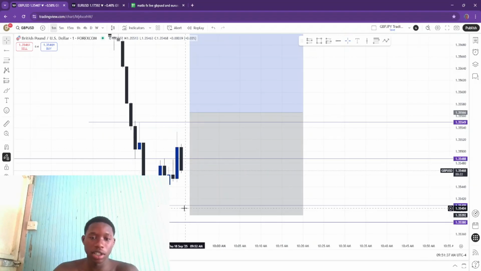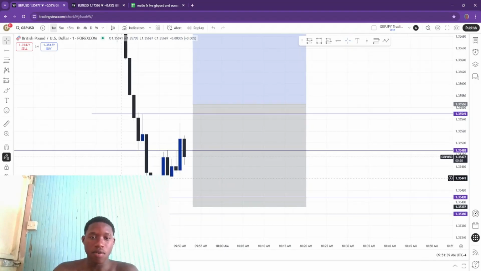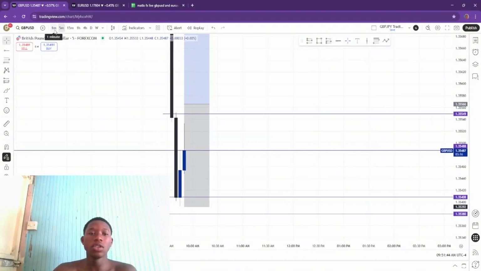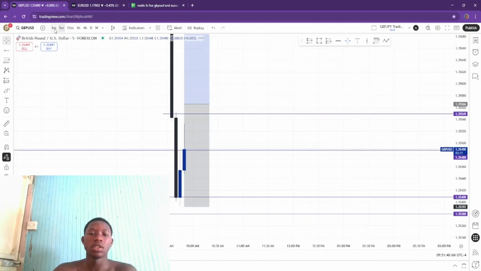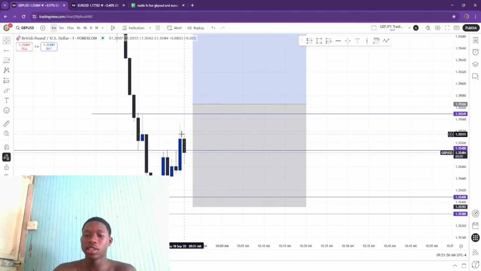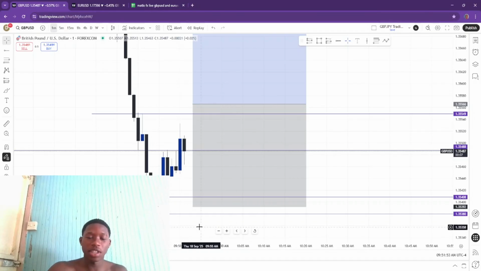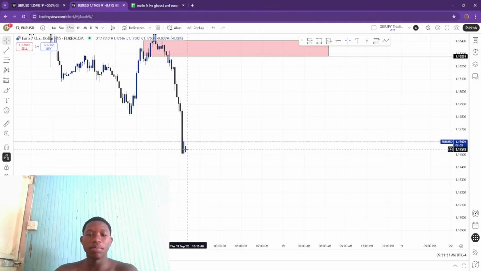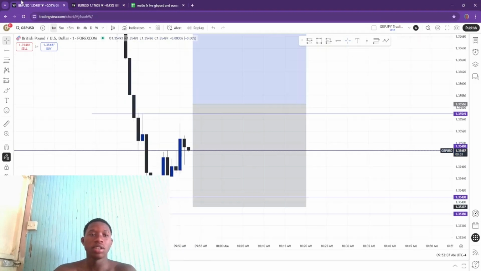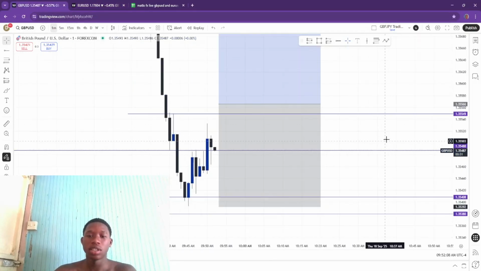Okay, we see a rejection. Do not know what is going on. Right, it's not looking like it rejected. If I could enter that trade before 10, before that trade gets invalidated, that would be lovely. The 15 minutes on Euro USD forming a next low, so we could measure from there to there and get the equilibrium points.